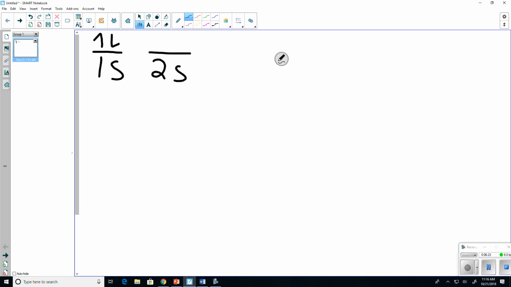Then comes 2s. Remember, the first arrow up would be for lithium, the second arrow down would be for beryllium. The 2p will be completely filled. That'd get us to neon.